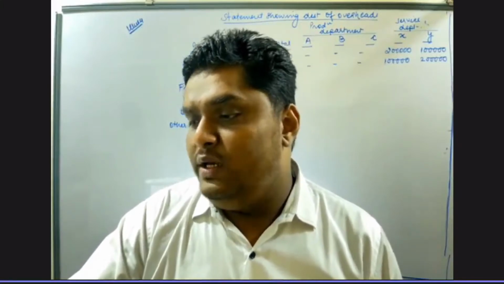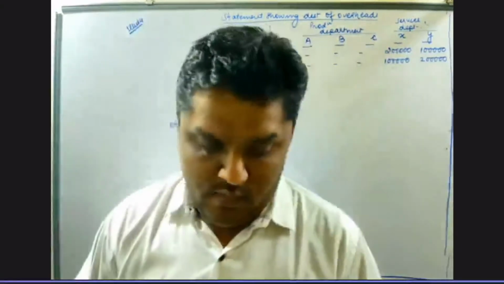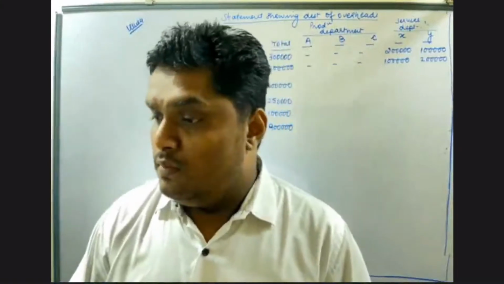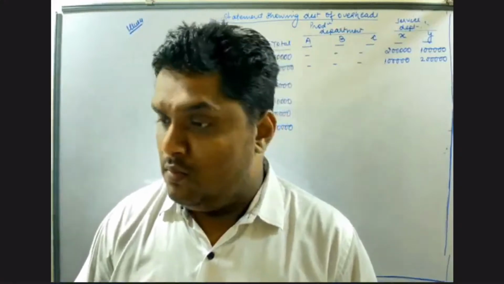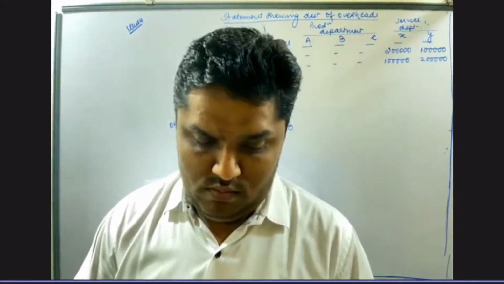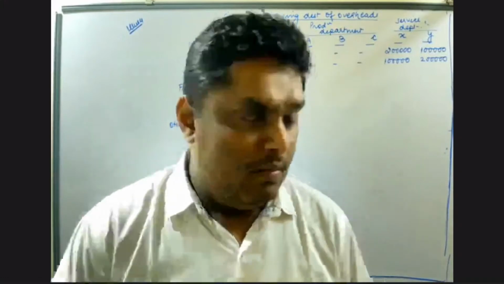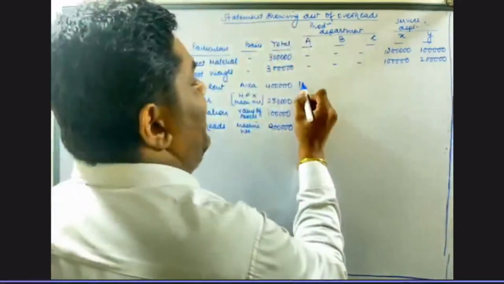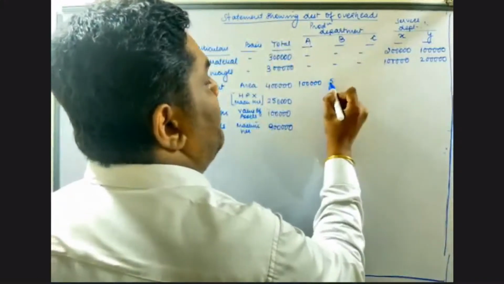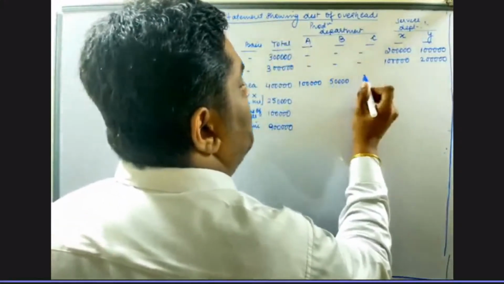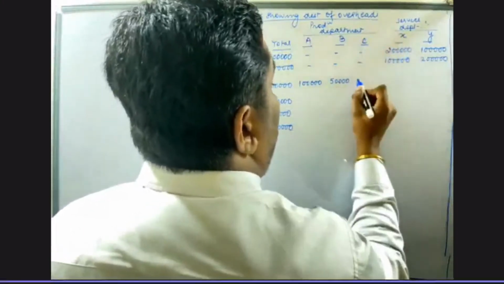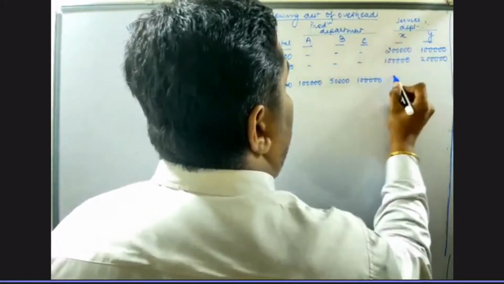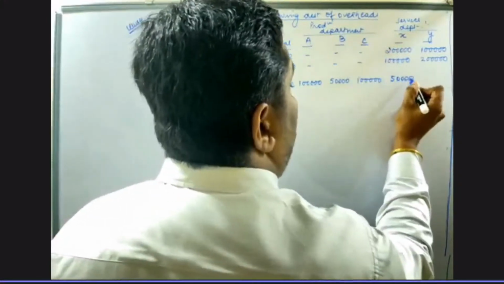So 2 is to 1 is to 2 is to 1 is to 2. So this will be 1,50,000 and 1 lakh.